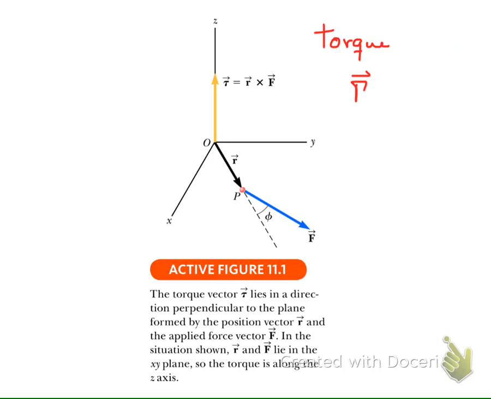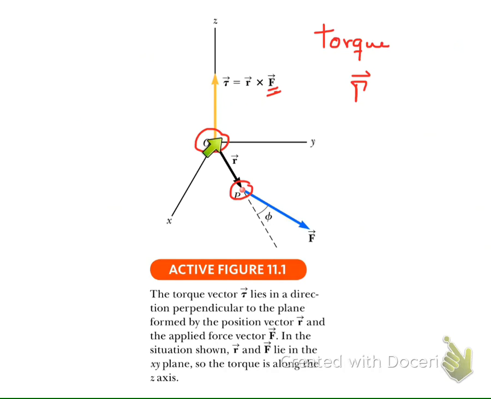By definition, we will define the torque of the force F acting on a particle, about the point O. By this definition, torque is equal to R cross F.